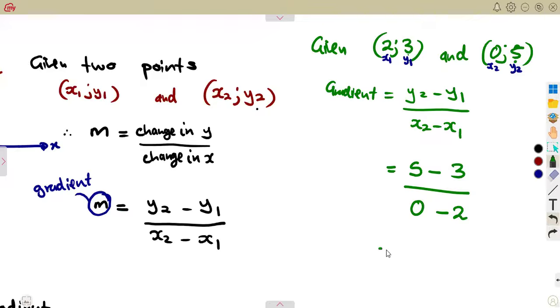So you can simplify. That's having the gradient. 5 minus 3 is 2 over 0 minus 2, which is minus 2, and that is going to give us a minus 1, or you can just use your calculator at this stage to simplify that. So you can calculate the gradient using points.